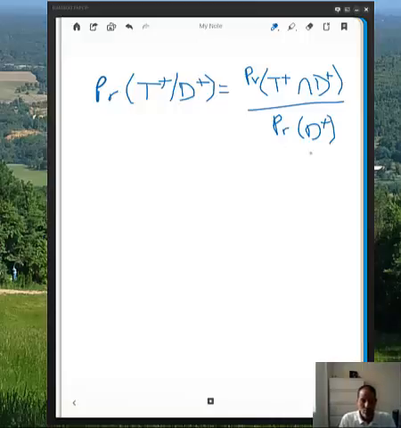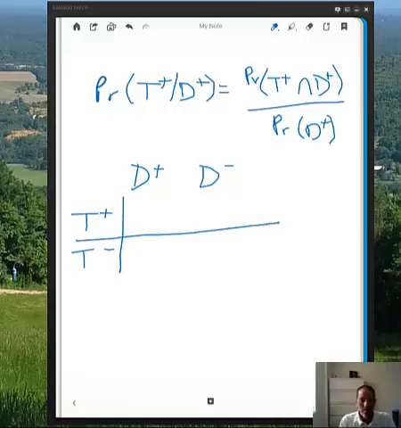Actually, we can take this whole issue and make it into a contingency table. So you could have disease positive, disease negative, test positive, test negative, and also totals.